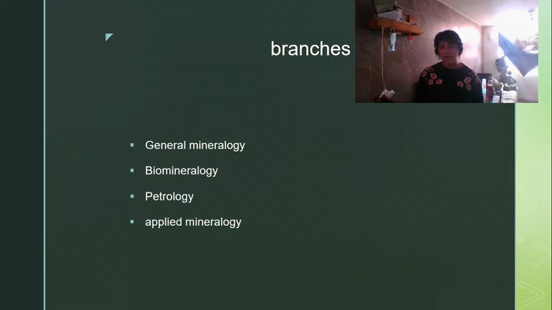Fourth, applied mineralogy: mineralogy and its application with other sciences and technologies, for example, geology, metallurgy, chemistry, physics, biology, astronomy, medicine, archaeology, geography, the metallurgy industry, mining, the oil industry, the chemical industry, ceramics, nuclear technology, the glass industry, and the manufacturing of fertilizers, among others.